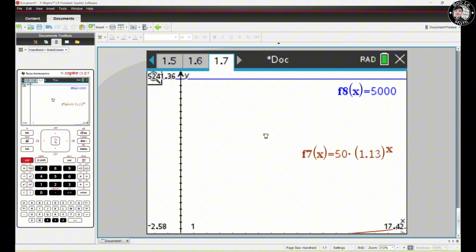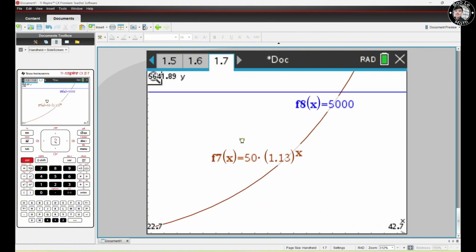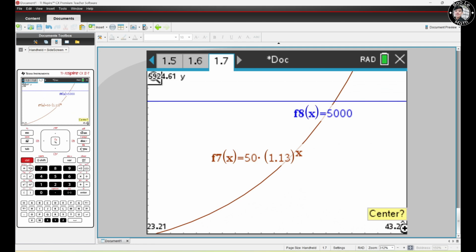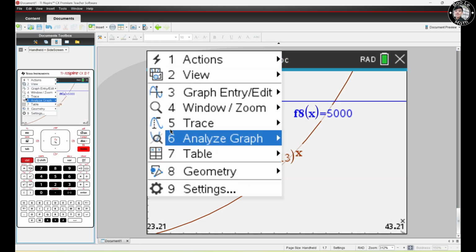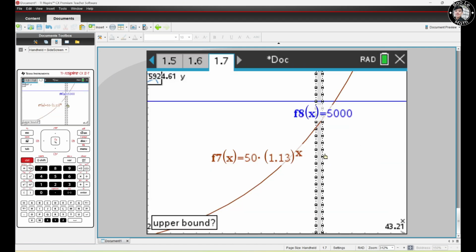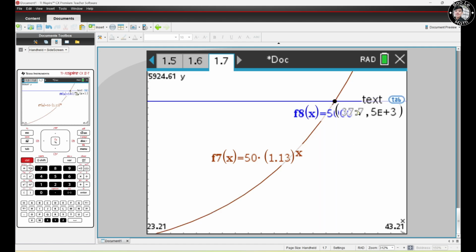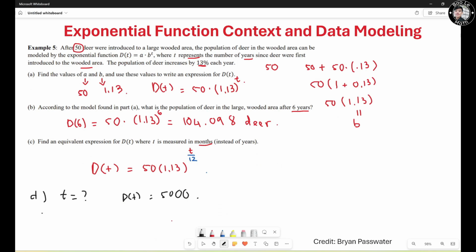So we see that the graph is coming right here. And then we hit menu, analyze graph, intersection, and move the vertical line to the right of the intersection. And the intersection right here should be 37.7, right? So t equals 37.7 years.